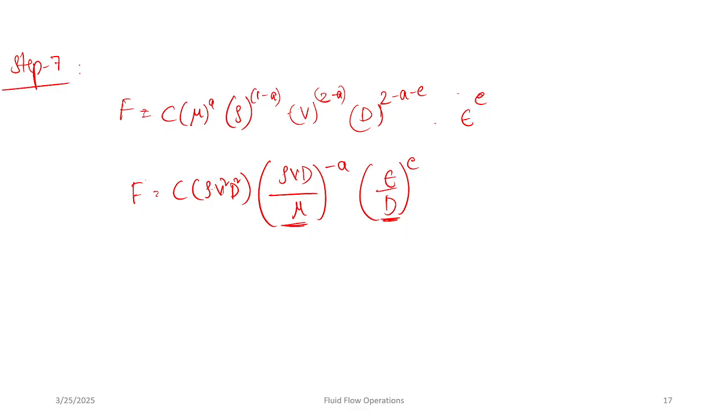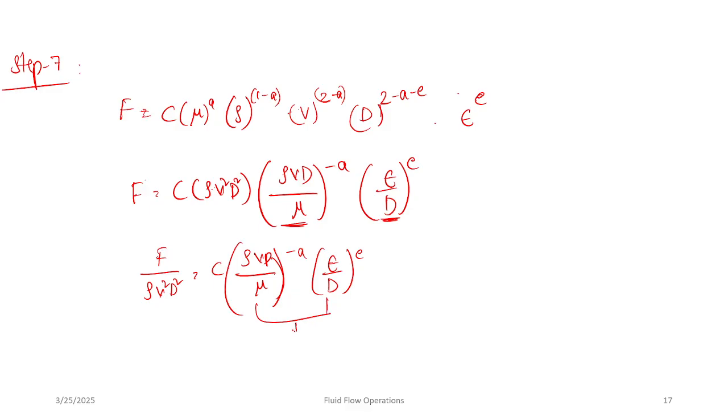They are dimensionless units, right? Okay, so just take the other variables to the other side. You'll be getting F by rho V square into D square is equal to C into rho V D by mu power minus A into epsilon by D power E. Okay, so these are the dimensionless groups.